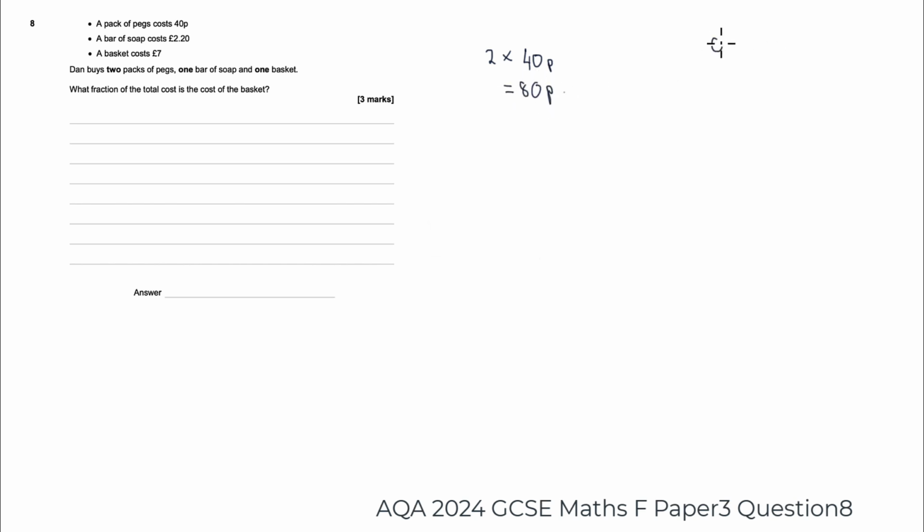is 80 pence. Now, writing this down with a pounds column and then the pence. He also buys 1 bar of soap, that's £2.20. And finally, 1 basket, that's £7.